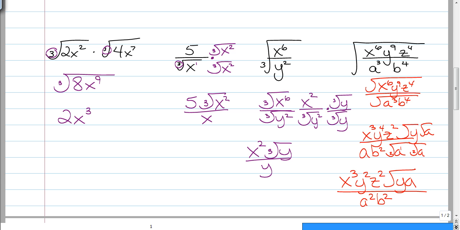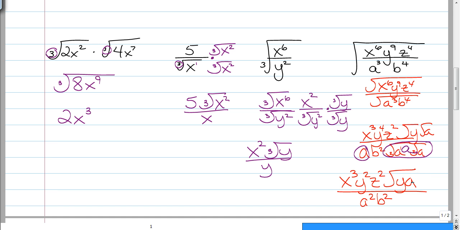Now you have to remember, when you rationalize the denominator, the square root of a times the square root of a gave you another a, but you've already got an a outside anyway, so that a times a became a squared.